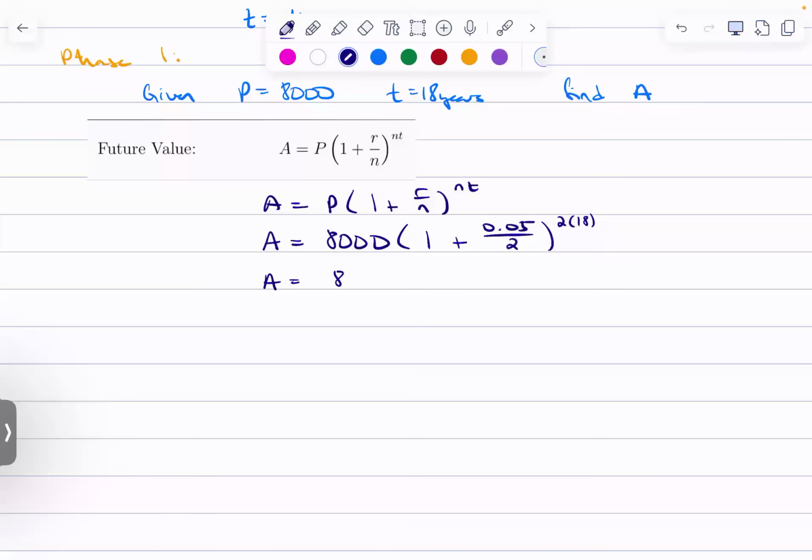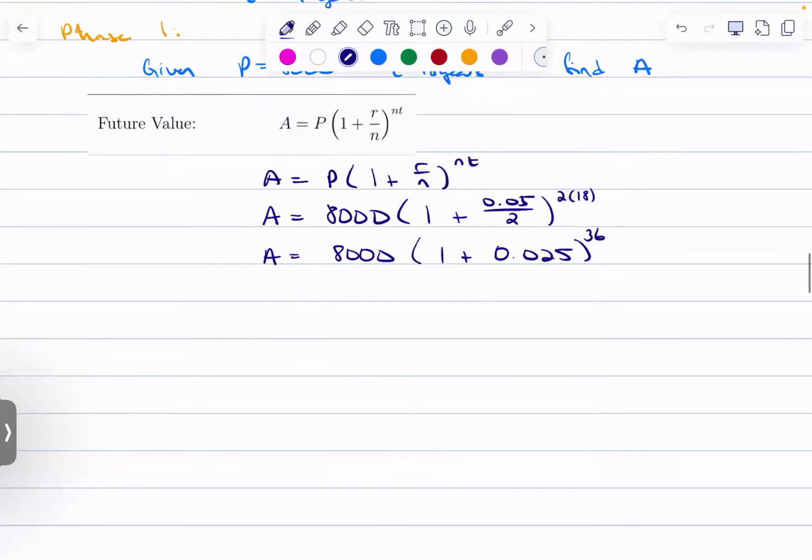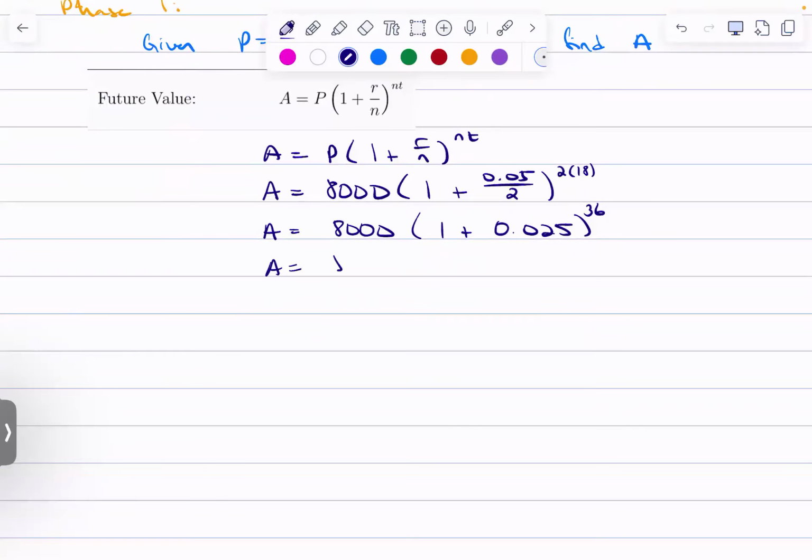I get A is 8,000 times 1 plus 0.025 to the power of 2 times 18, which is 36. So A is 8,000 times 1.025 to the power of 36.